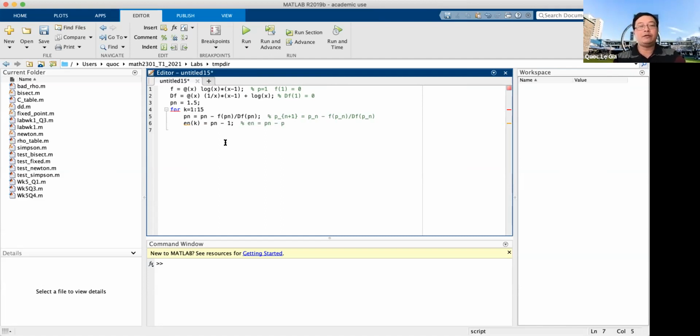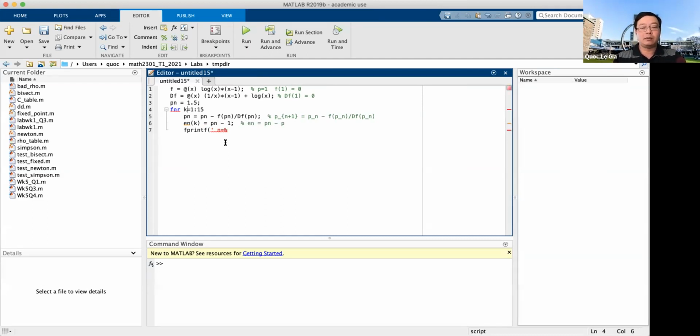So now I just print it out. Right now it is n, yeah. So n is essentially k, maybe I should put n here instead of k.